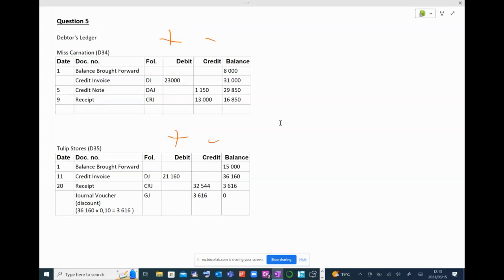Yeah, one line, one line. Yes. So here you're going to add. If it's in this column, you're going to add to the balance. If it's in this column, you're going to deduct, or minus, from the balance.